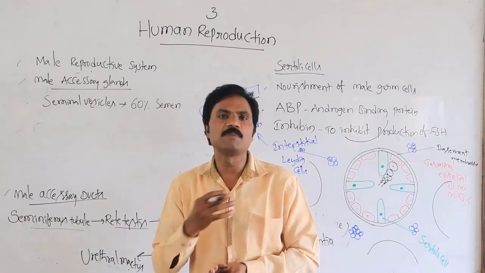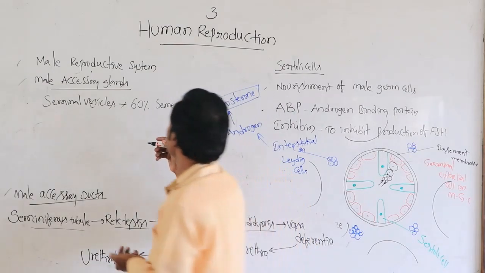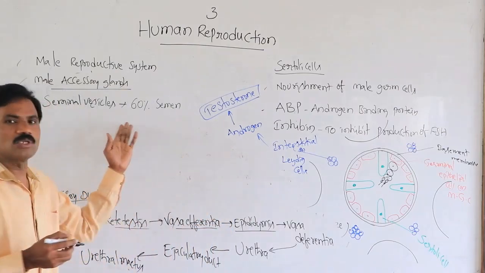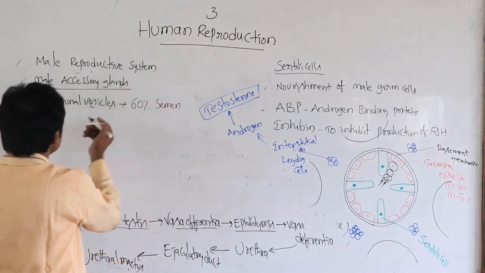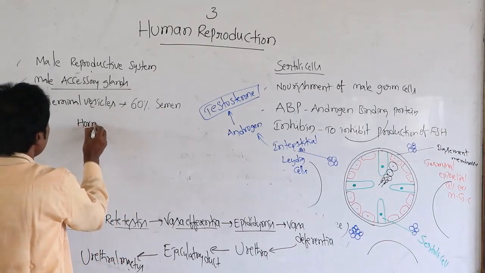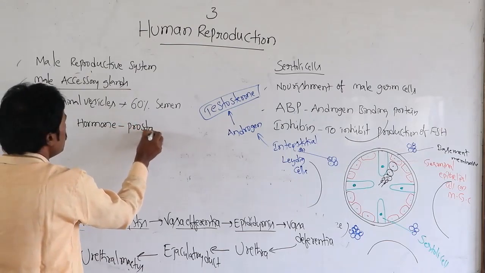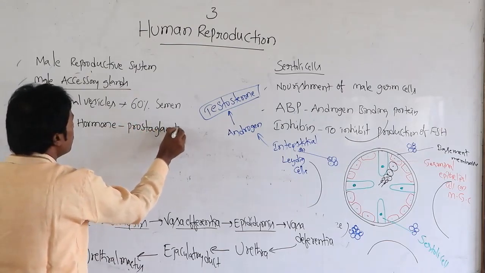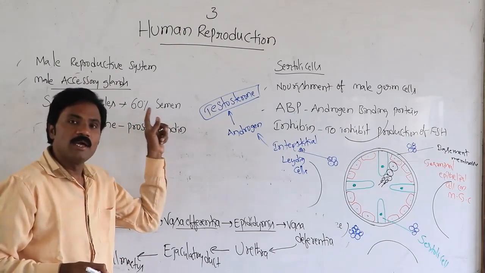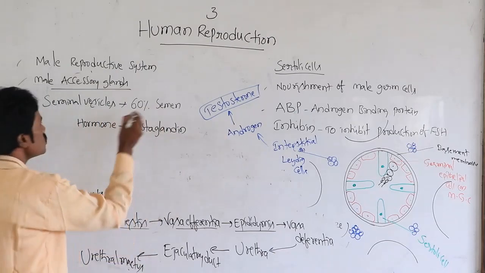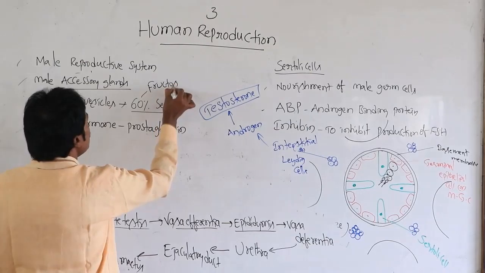Along with this, it also secretes some hormone. What is the name of that hormone? It secretes prostaglandin. The semen, or seminal plasma, contains fructose.